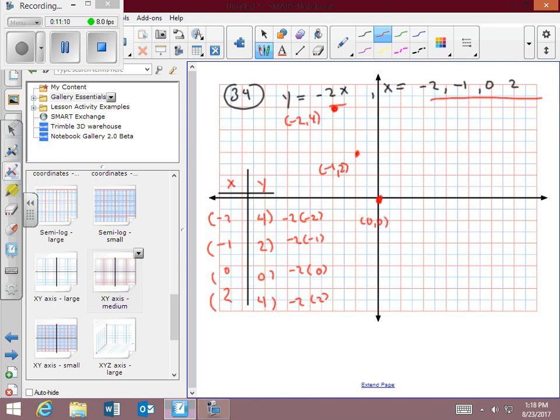And then a 2, back up to a 4. So the graphing of the answers would be that way. Any question on that?